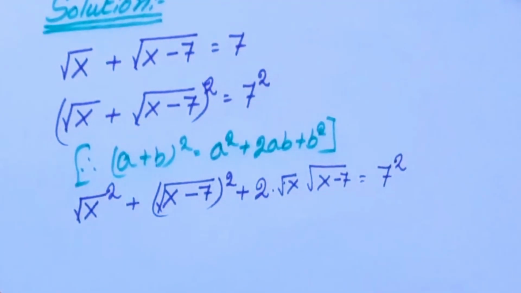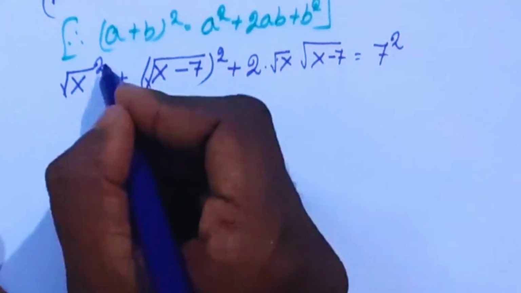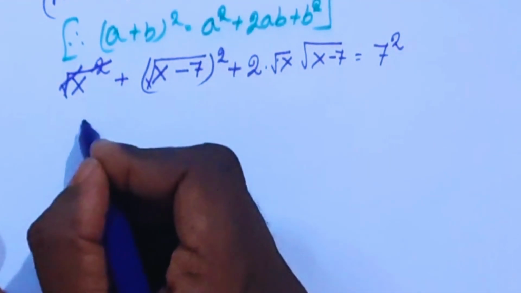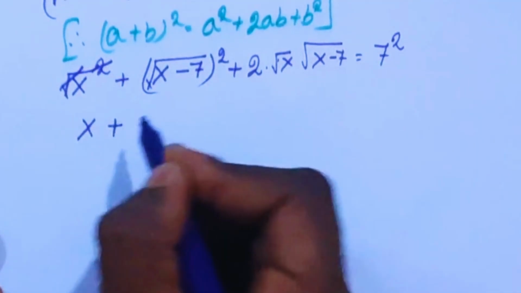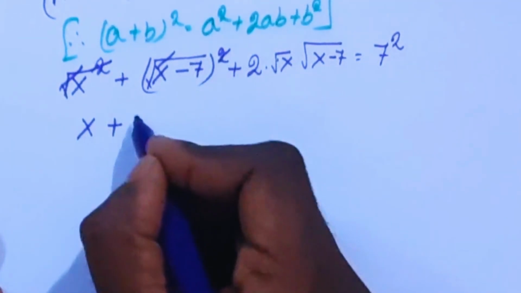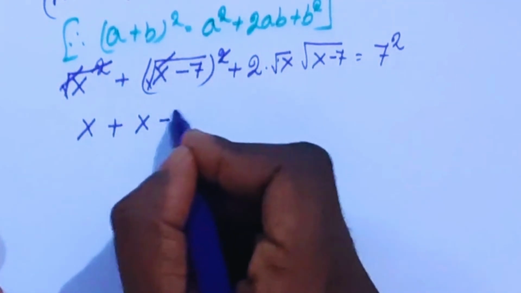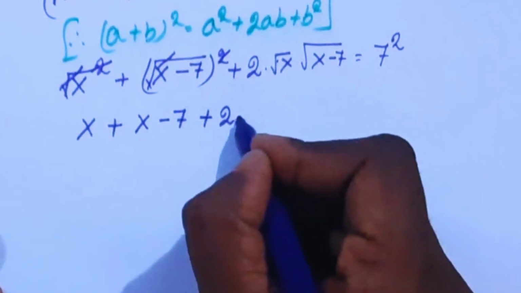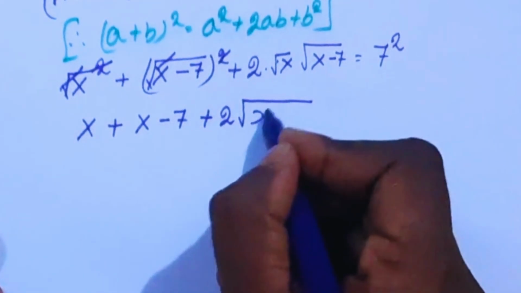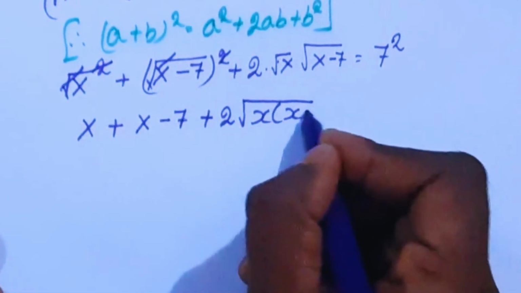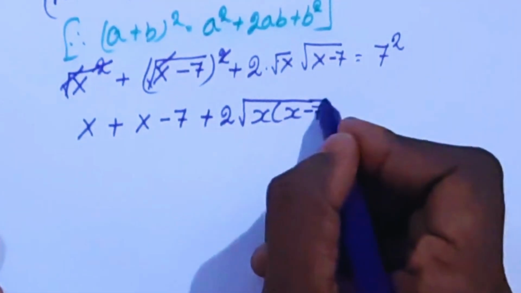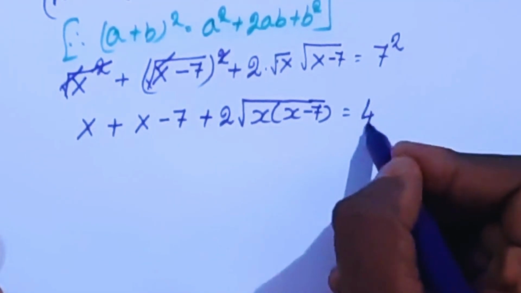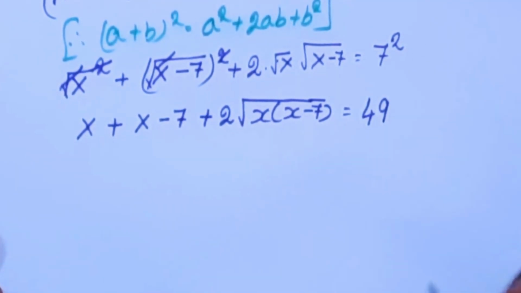square. Now this square and square root will cancel each other. Now we have x plus, this cancels each other, x minus 7 plus 2 times square root of x (x minus 7) equal to 7 square is 49.